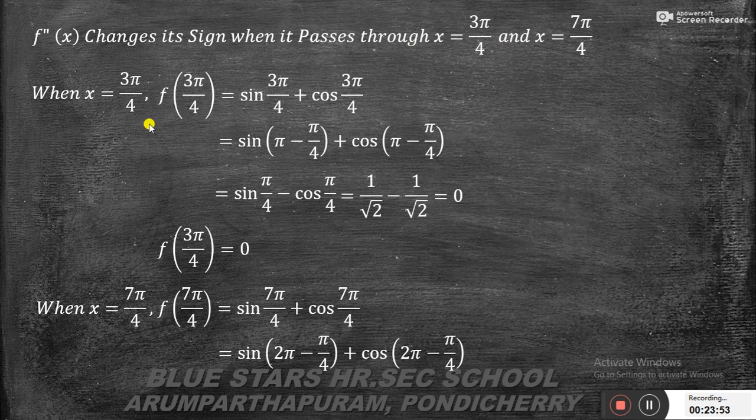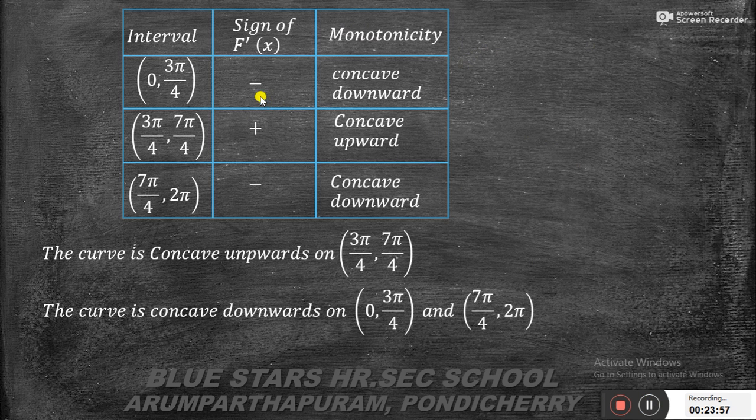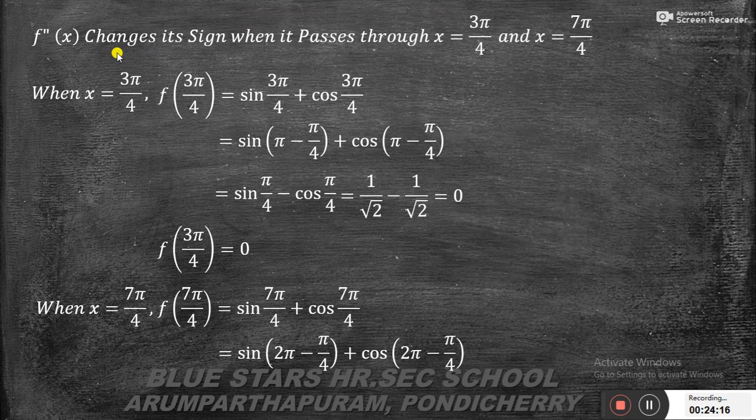The sign changes at x equal to 3 pi by 4, and from plus to minus at 7 pi by 4. So at two points the sign changes. So f double dash of x changes its sign when it passes through x equal to 3 pi by 4 and x equal to 7 pi by 4.